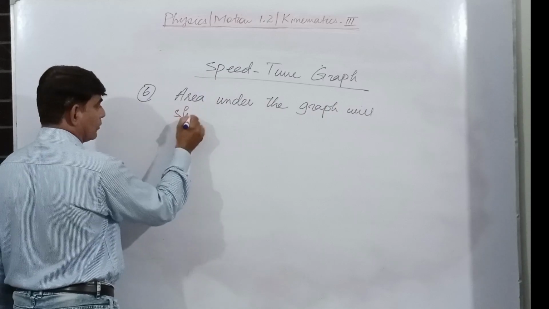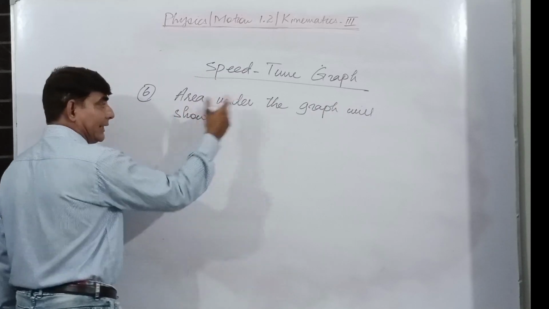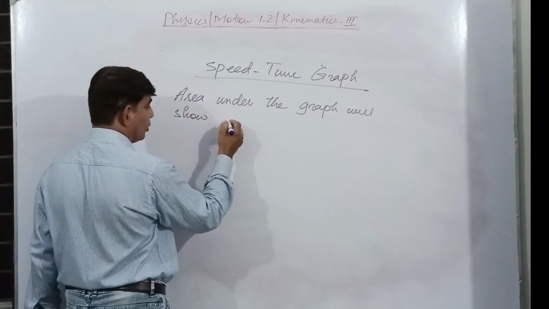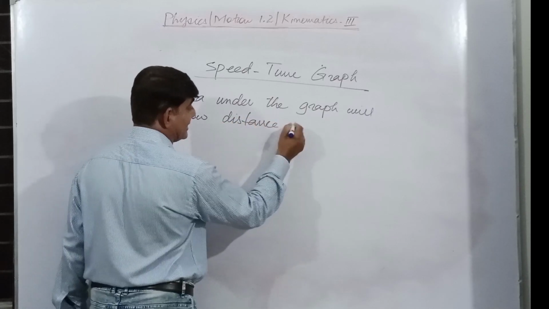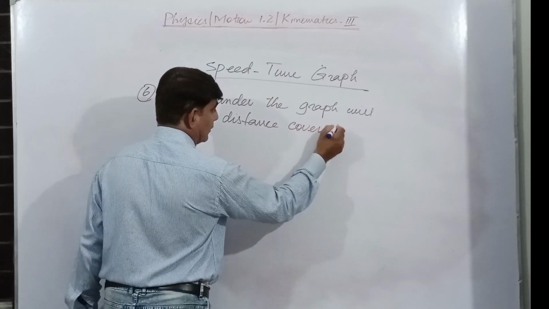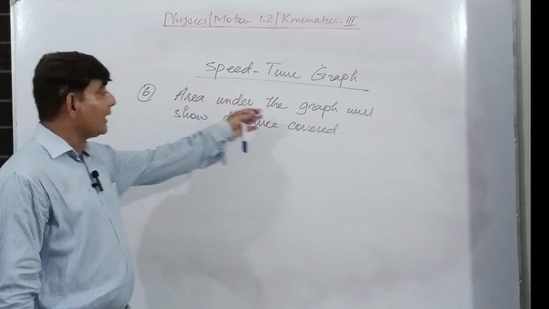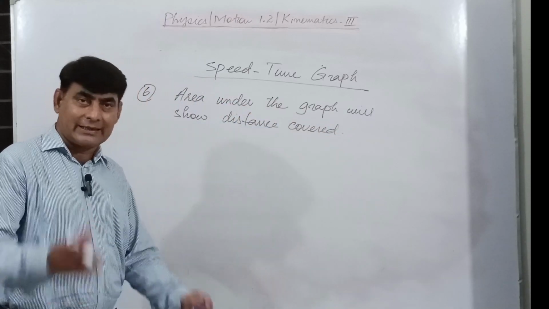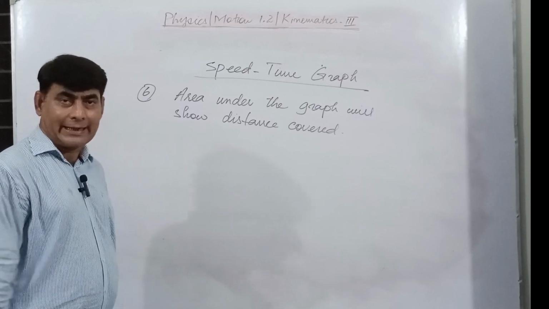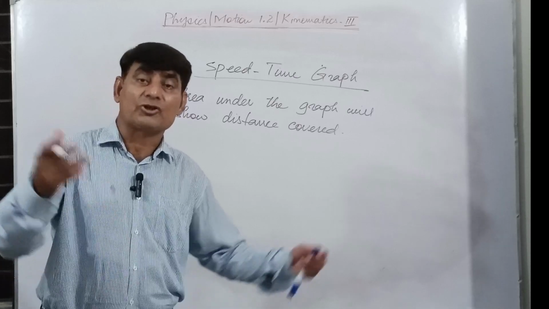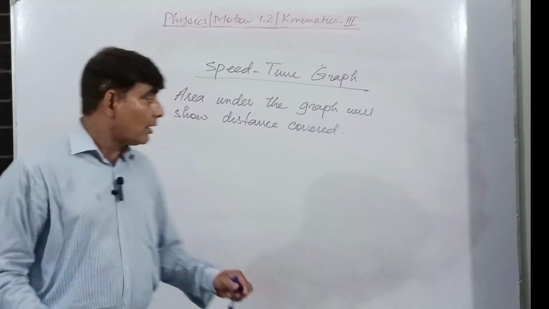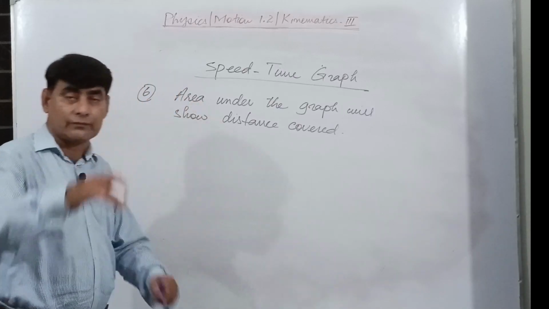Area under the graph will show distance covered. Sometimes there is a straight line, so we use the area of a triangle, area of a rectangle, area of a trapezium. But sometimes it is the area under a curve.